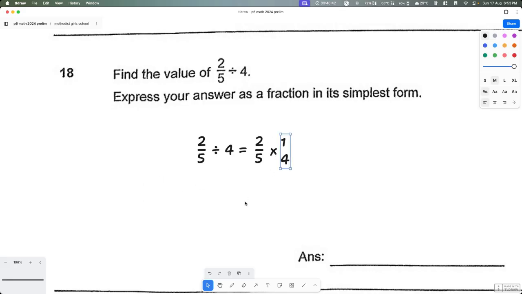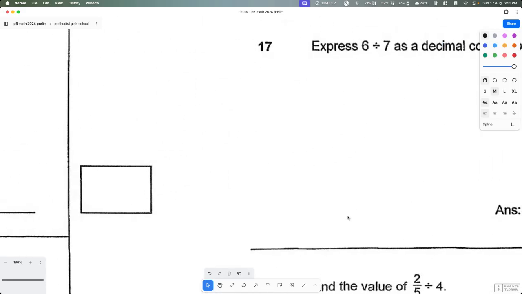Now we can also simplify. 4 we can simplify with 2 across, so 2 will just be 1, and 4 will become 2. So the answer to this will be 1 out of 5 times 2, which is 10. So the answer is 1 out of 10. That's what you see over here. Okay, let's move to the next question.